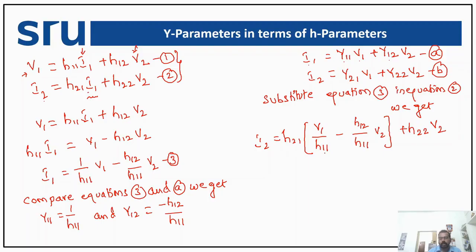Now if you try to see my I2, expanding it, you're going to get H21 by H11 V1. We have plus into minus, so we are going to get minus H21 into H12 divided by H11 V2.